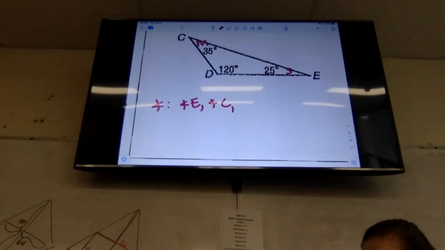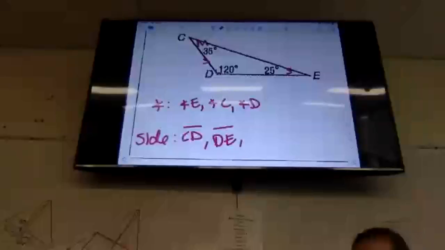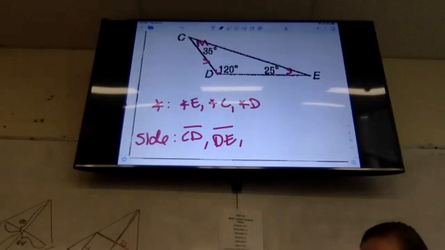And then my largest is angle D as in dog. Now the sides: CD is the smallest line. CD, C as in cat, D as in dog. Then DE, dog and elephant. And then what's my last one? CE.